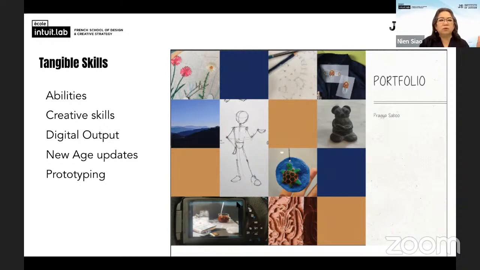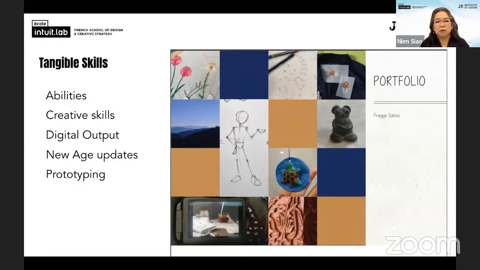You can also put in any digital output. If you are very familiar with computers or some software, make sure that it's not just a very common digital output from Google. You need to make sure that you have done something to that digital painting or the form. You have put in your little input.